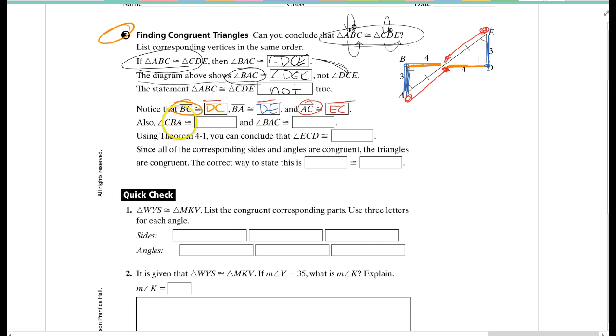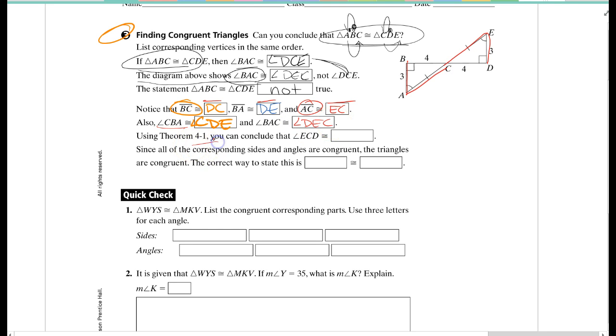So also they show you in the diagram that angle CBA, so this right triangle, would also be congruent to CDE for that right triangle. Angle CDE. And that BAC was congruent to DEC.